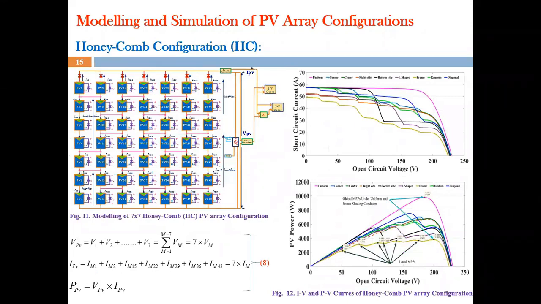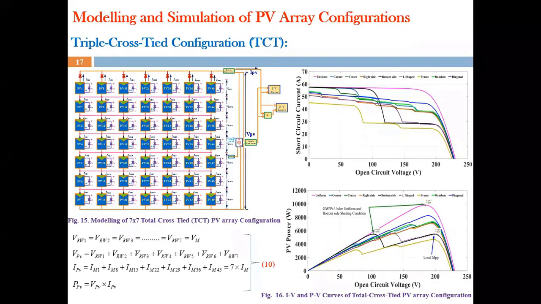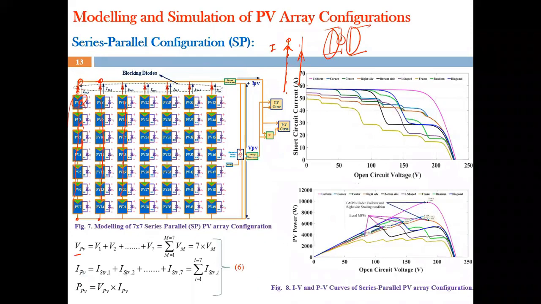There is a honeycomb combination. The hexagonal structure will be taken, and there is total cross tie, triple tie and total cross tie. Total cross tie is basically the main one which people are using. Total cross tie means, earlier you took the series parallel configuration: in the series parallel, this is in series, this is in parallel. So now in the total cross tie, all the modules are cross tied.